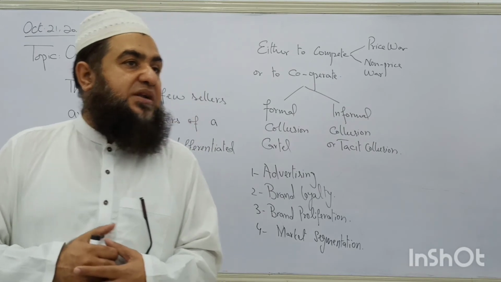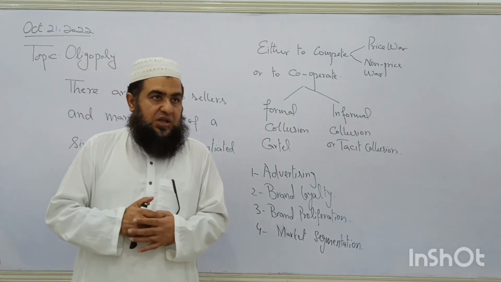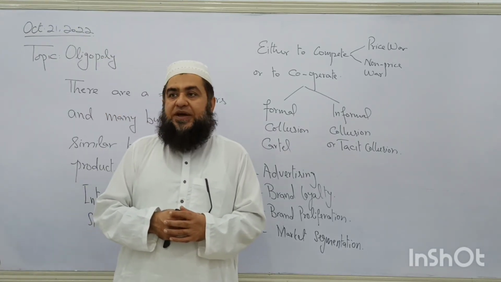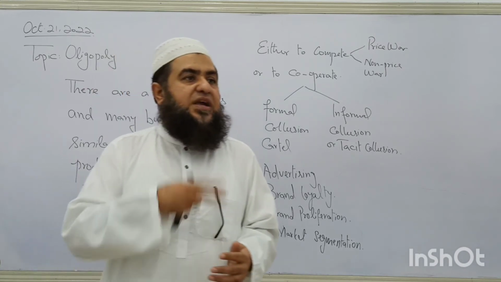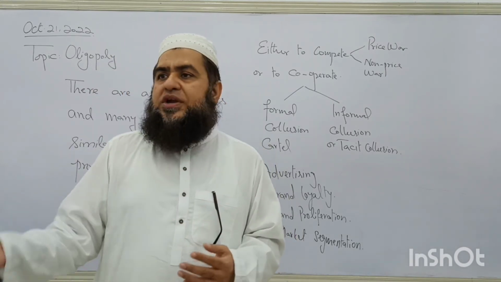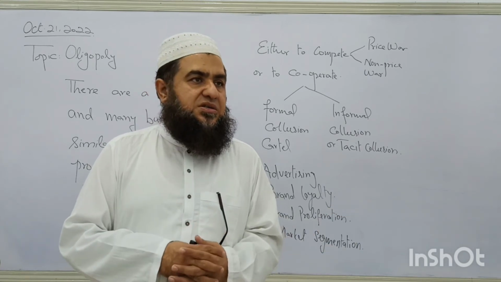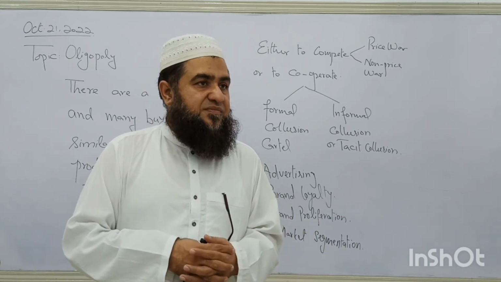There can be different market segmentations. Like according to income, Surf Excel is a detergent of high income people, whereas lower income people can buy Wheel detergent. This is income segmentation.